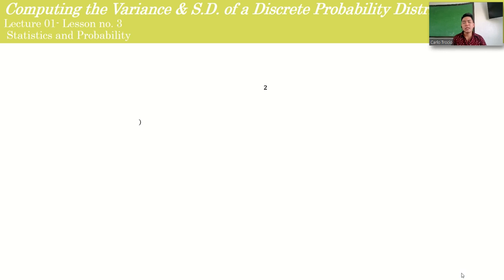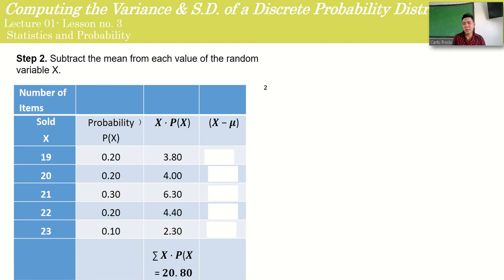And we know again that the variance is the squared difference from a certain datum to the mean. So we are going to simply subtract this variable here, 19, by the mean, which is 20.80, denoted with x minus the mean.